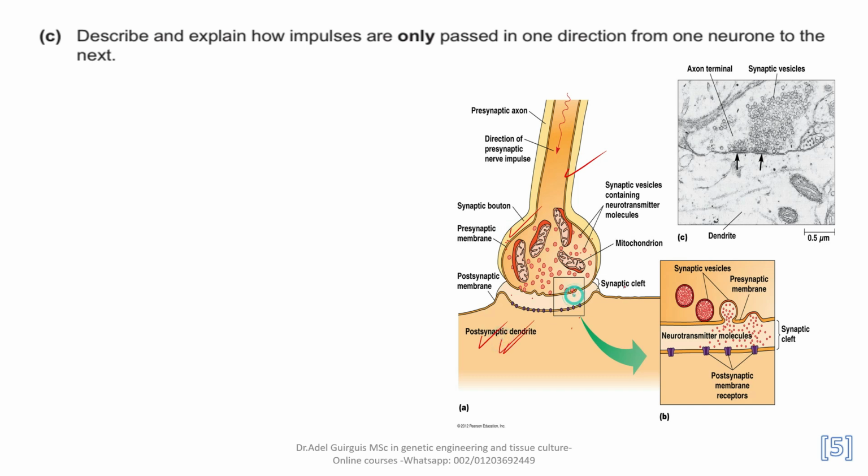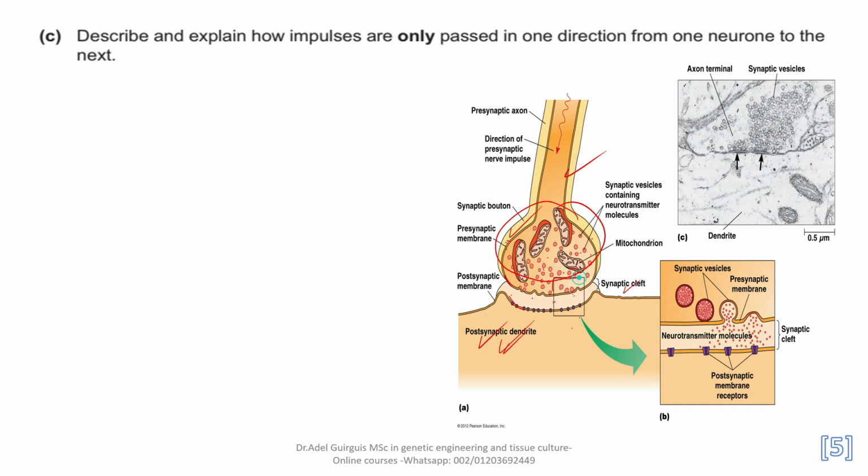In between is the synaptic cleft or gap. There is the presynaptic membrane and the postsynaptic membrane. At the bottom here, there are a lot of mitochondria and a lot of vesicles containing neurotransmitter.